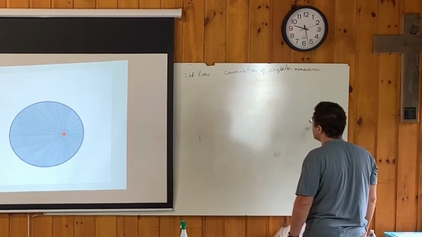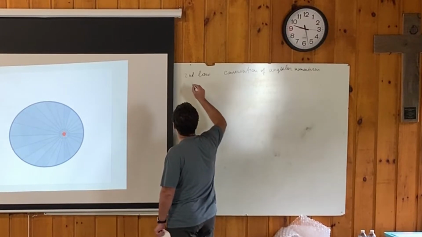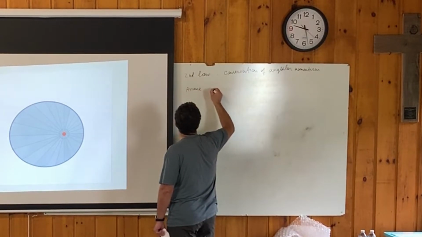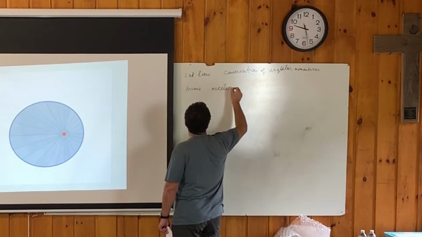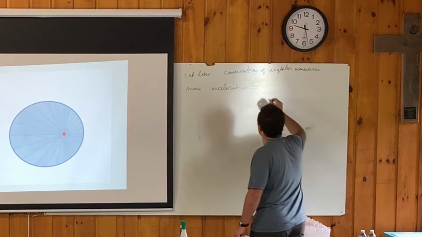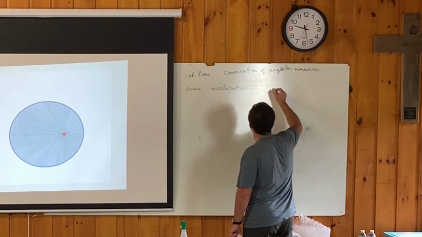And so, to simplify the formula, I assume that acceleration is equal to 1 over the distance squared.